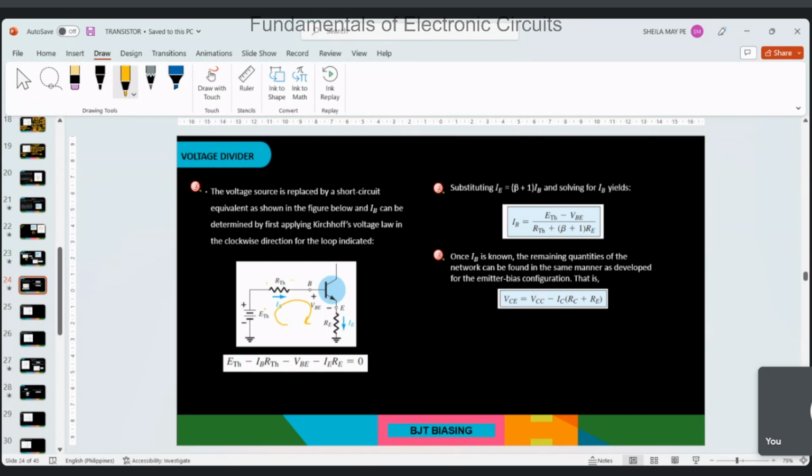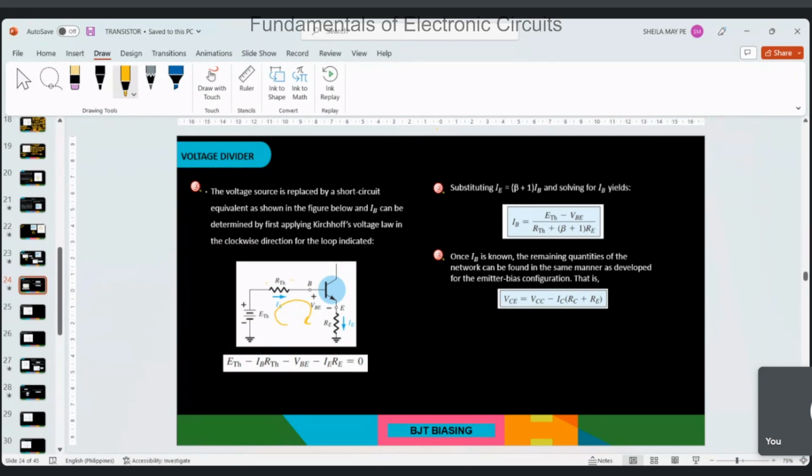Okay, now that's the loop for our voltage divider. Now, in that class, we have this already, di ba? Now, next step is substituting IE equals beta plus 1 IB and solving for IB yields IB equals ETH minus VBE divided by RTH plus beta plus 1 RE.